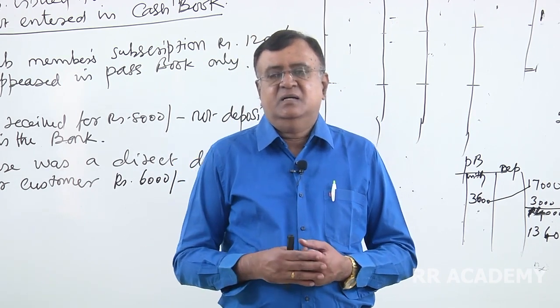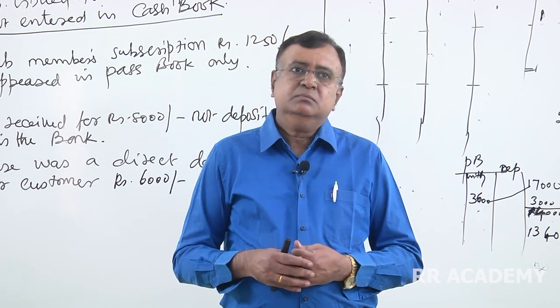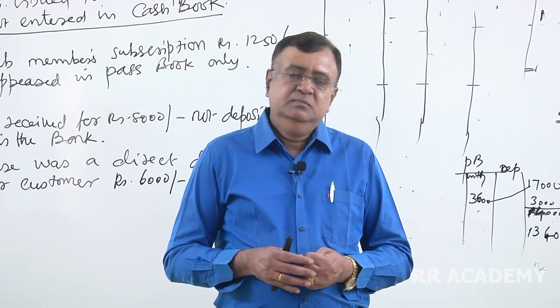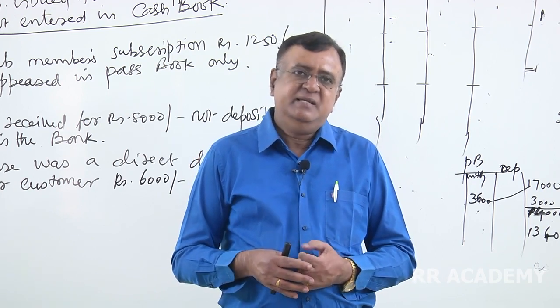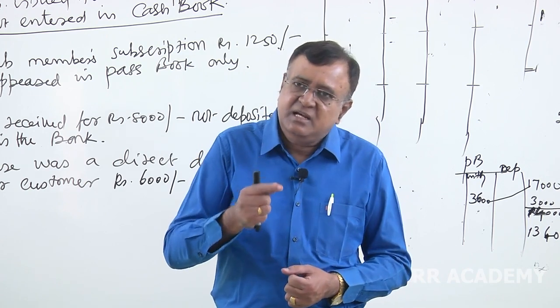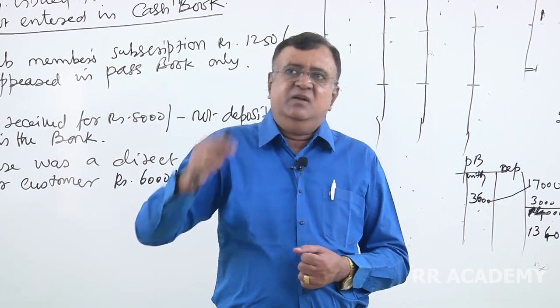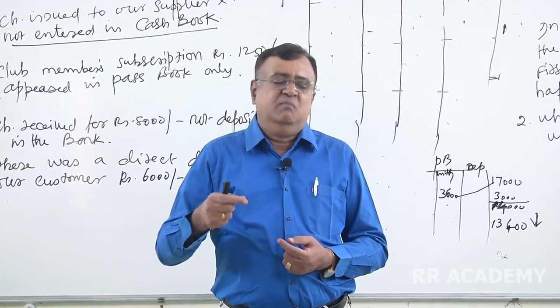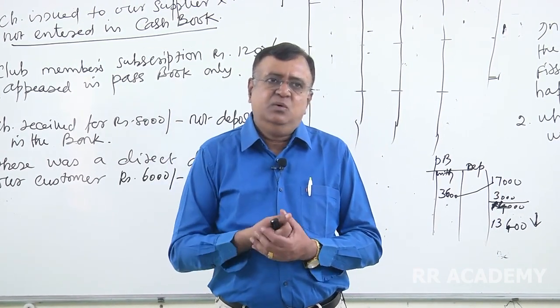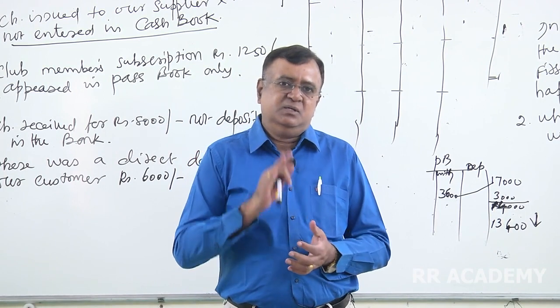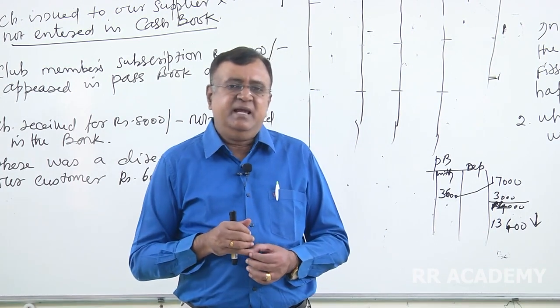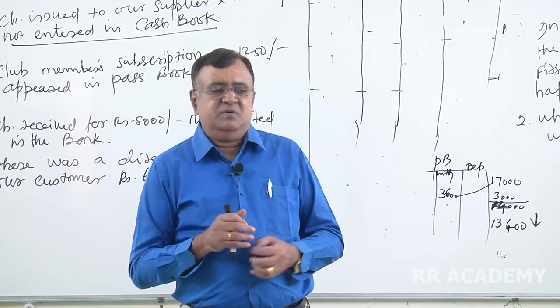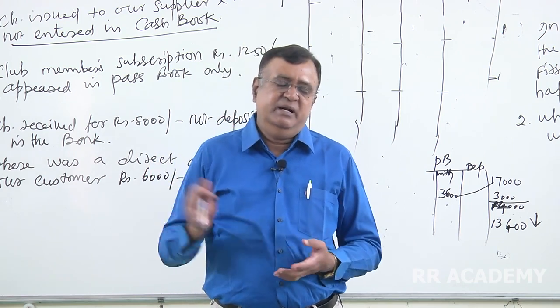Next class, we will do one more type: amending the cashbook balance and finding out BRS. So there are three types: normal balance, OD balance, and amendment of cashbook.